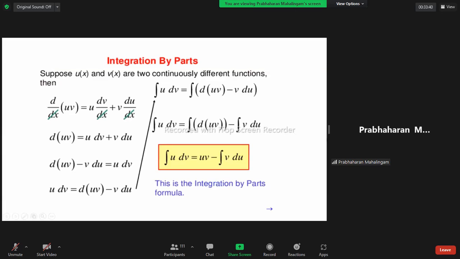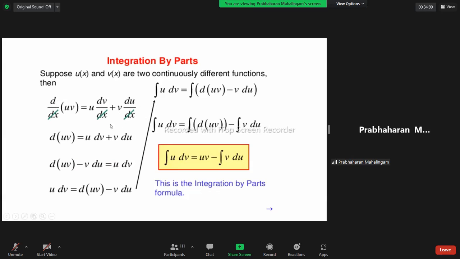Right here, you see, very simply explained. What is the uv differentiation? u into dv over dx, plus v into du over dx. This is the differentiation concept.